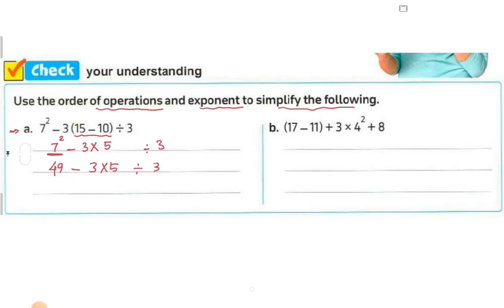The rest of the terms stay as they are. Now our expression is 49 minus 3 by 5 divided by 3. Times and divide are done from left to right.